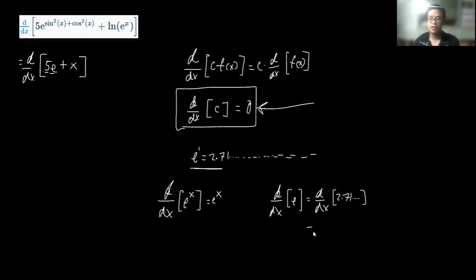So the derivative for that number is 0, because if you're going to input a number here, the result would be a constant number, and therefore getting the derivative of a constant number is equal to 0.